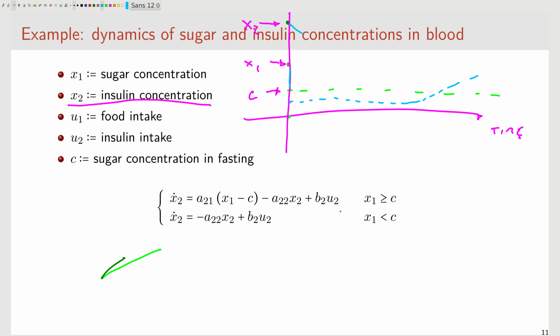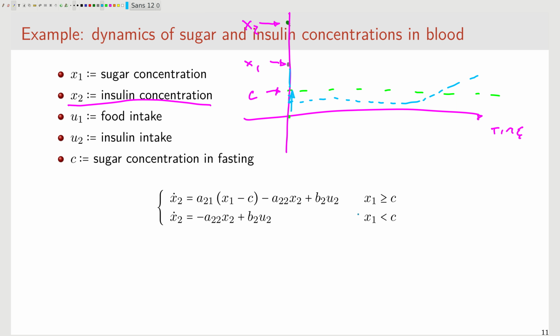So this model says that, starting from x1, x2, and u2, you know how the derivative looks and you know how the evolution will be. Something similar happens whenever x1 is smaller than c, just that the state is a little bit different, and the insulin would behave in a different way.